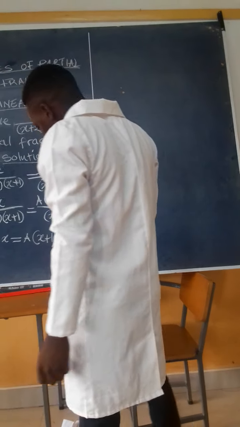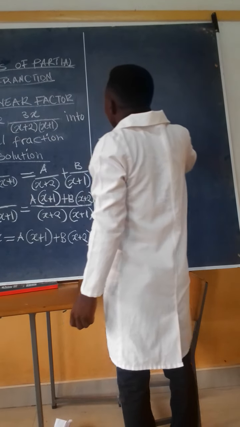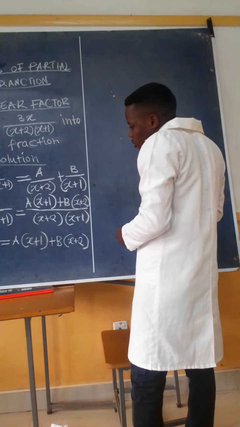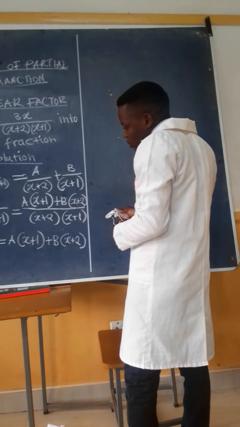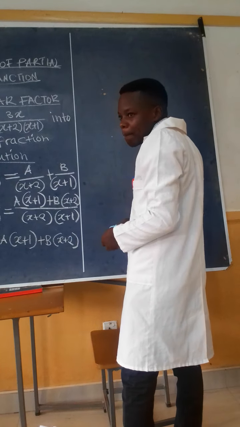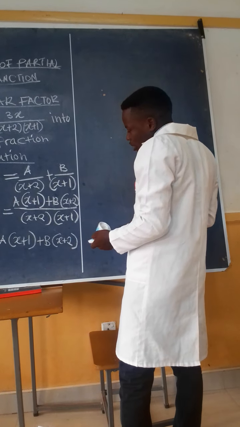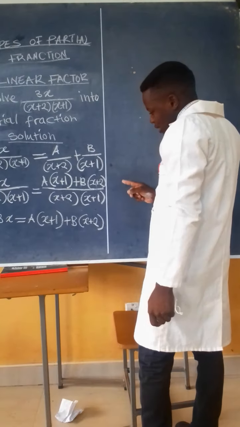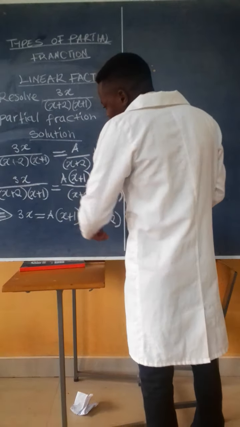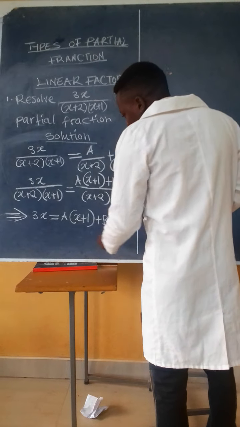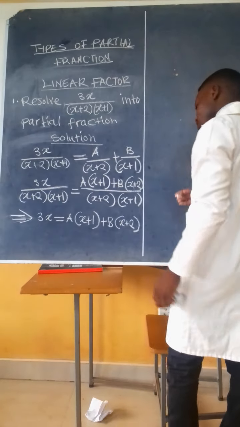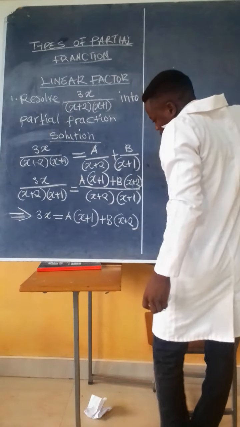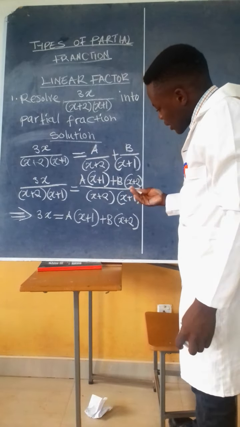The first one is the cover-up method. The second one is the coefficients method. With either of the two methods, we are going to obtain the same answers. So let's use a very simple method, which is the cover-up method.